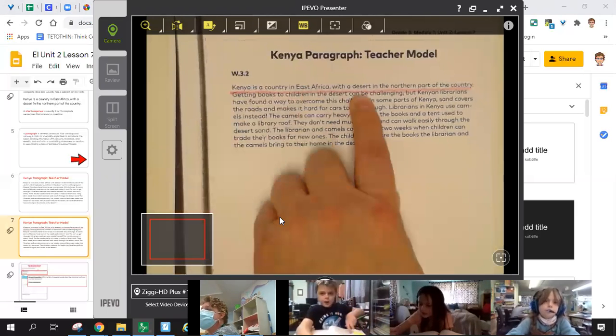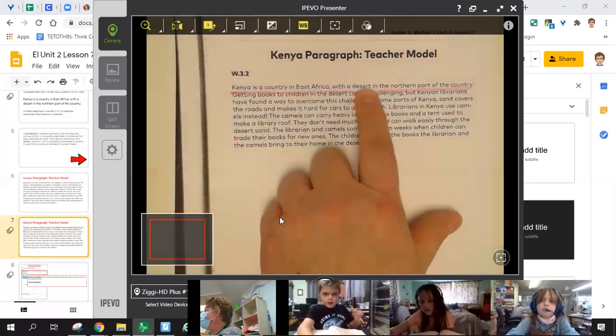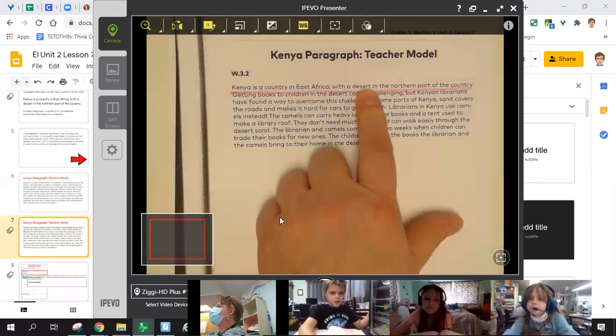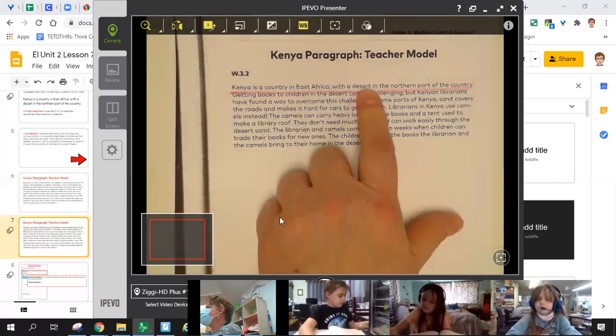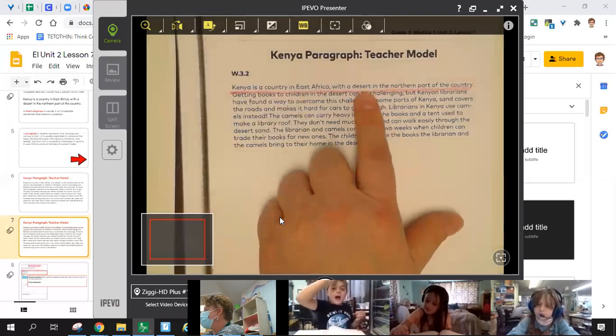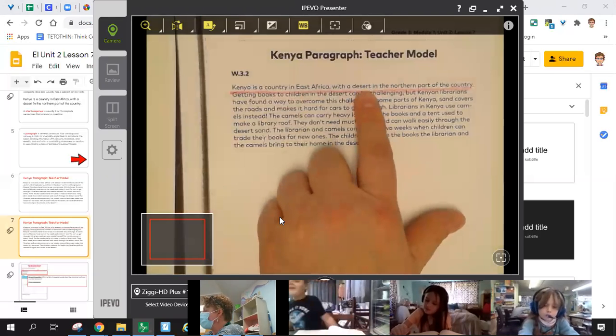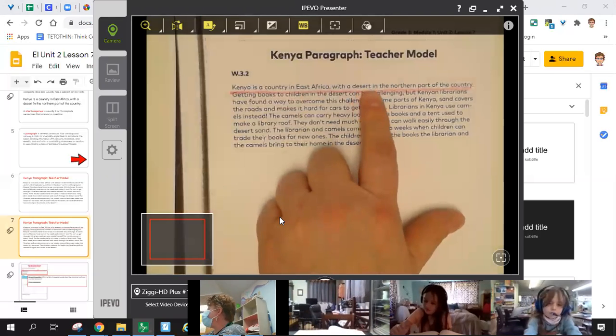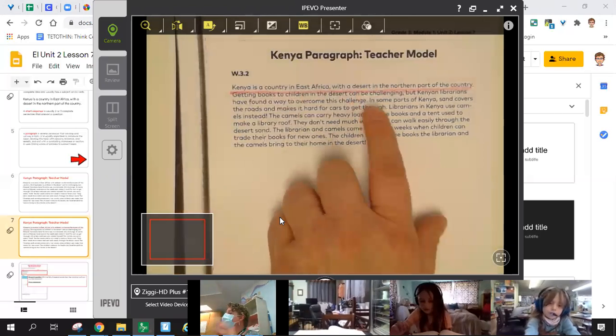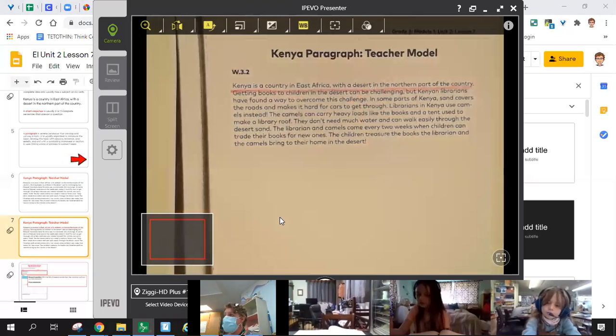And then what does the desert part tell us a little bit? How does that help the reader understand where this place is? Elena? It tells you where it is, like saying it's really frosty. What? So you're giving the idea to the reader that it might be a place that's hot and sandy and that kind of thing, right? Because what did everybody think of when they heard the word desert?